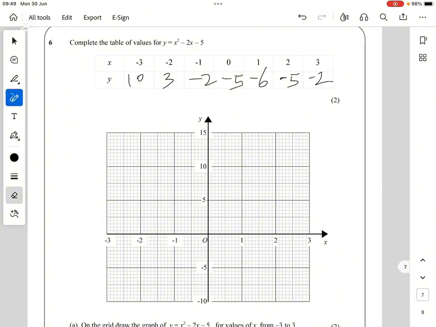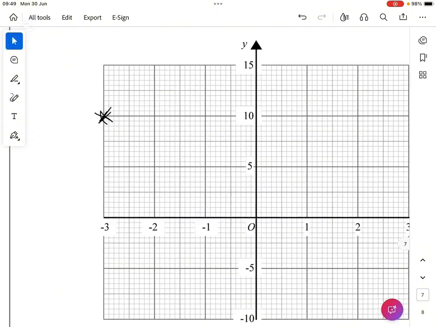Now that our table is completed, we want to draw the graph. Alright? Now to draw the graph, when x is minus 3, y is 10. So this is the point minus 3, 10. When x is minus 2, y is 3. Now getting 3 in this graph can be very technical.